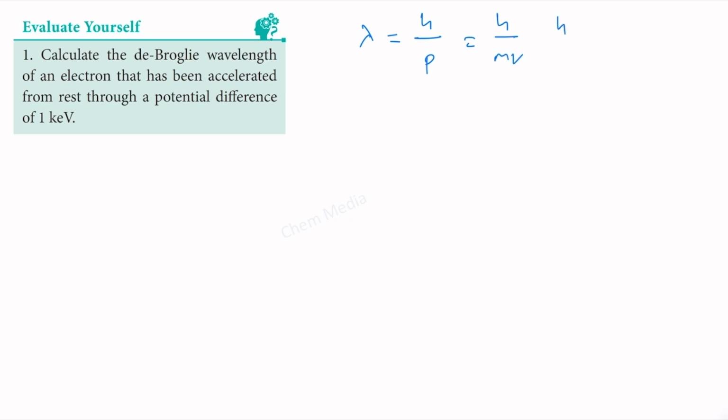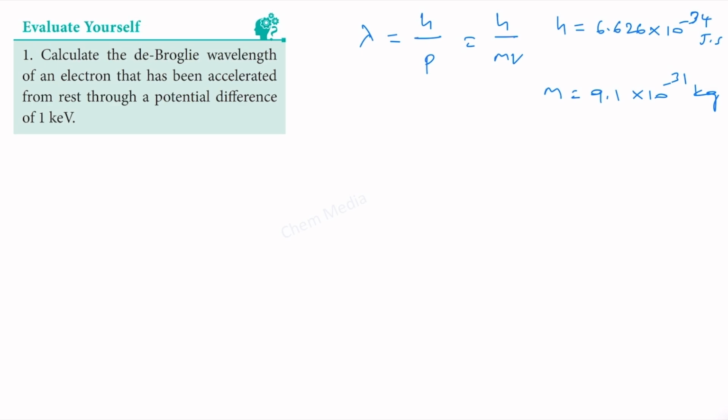We know the value of Planck constant, that is equal to 6.626 times 10 to the power minus 34 joule second, and the mass of the electron is 9.1 times 10 to the power minus 31 kg.